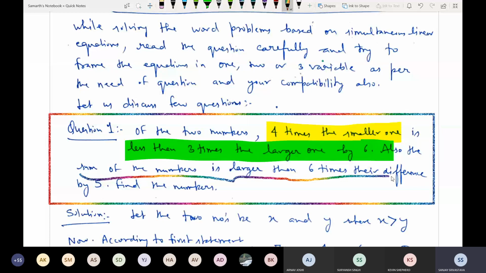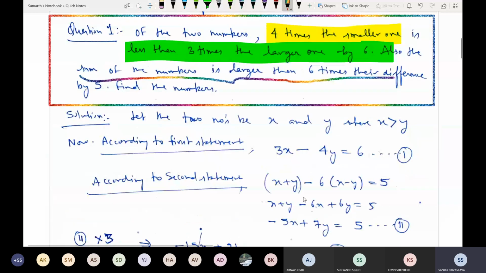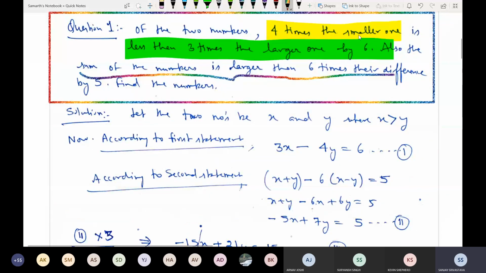So what I have done over here, let the two numbers be x and y, and I have assumed that x is greater than y, because in the question it is saying 4 times the smaller one. That means one number you have to choose is small and one number the bigger one.